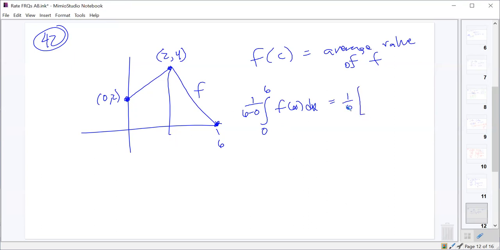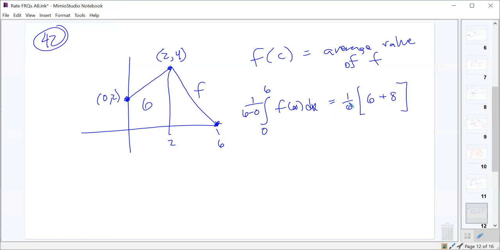So this is 1/6 of the trapezoid has a base of 2 and a base of 4. So 2 plus 4 is 6, divided by 2 is 3, times the height here, another 2, so that's 6 for the area of the trapezoid. And then the area of this triangle, this is x equals 2, so this is 4 times 4, 16, divided by 2 is 8.